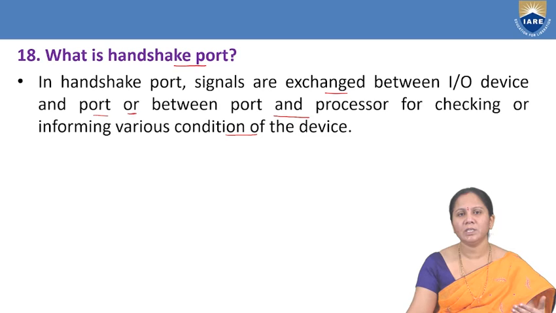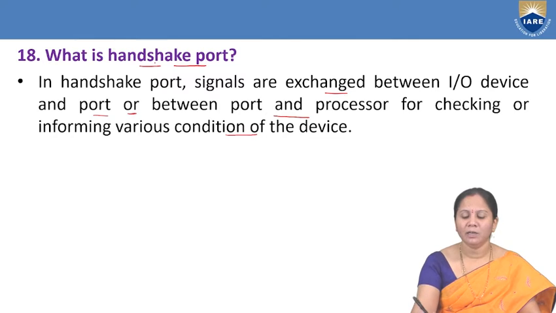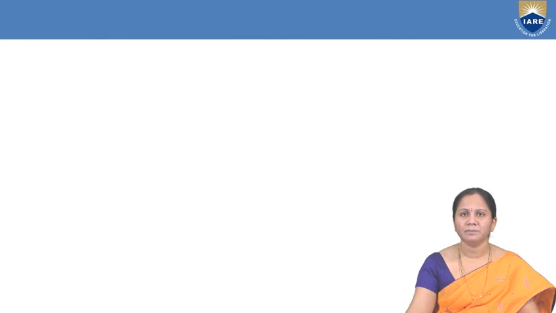In handshaking, if one signal goes from the device to the processor, another signal comes from the processor to the I/O device saying that the signal has been received. That is nothing but a handshaking signal, and it is sent through the port.